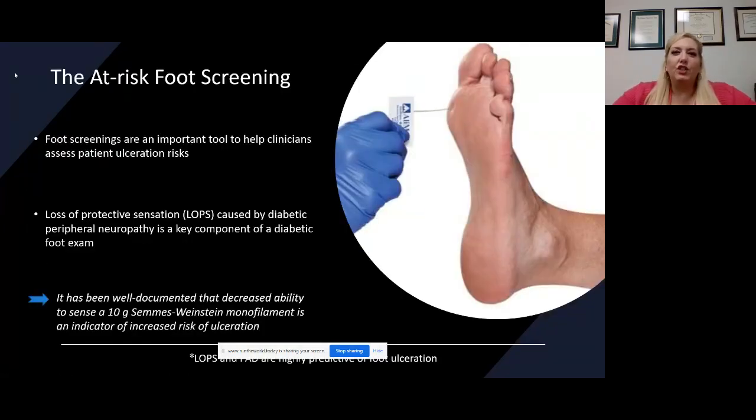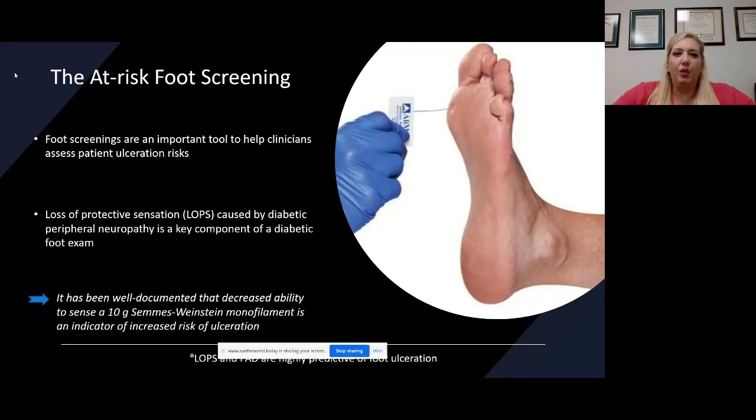So the at-risk foot screening is very important for our patients with diabetes. And again, preventative measures and preventative medicine should really be in the forefront. Foot screenings are important. It will help clinicians and help patients assess their ulceration risk, that loss of protective sensation we talked about, that sensory neuropathy caused by diabetes and the neuropathy that develops through the myelin sheath.